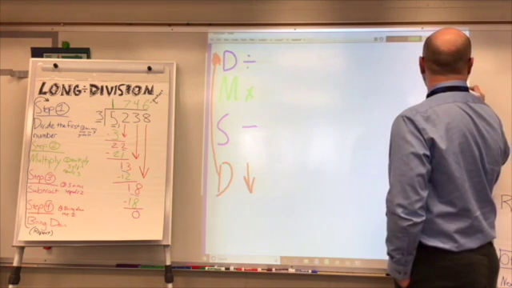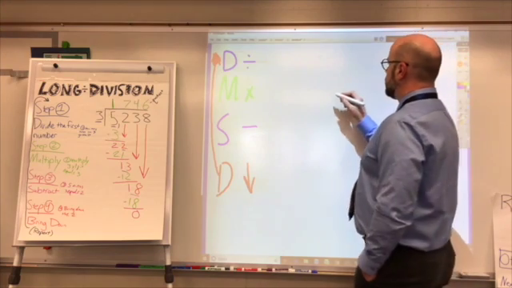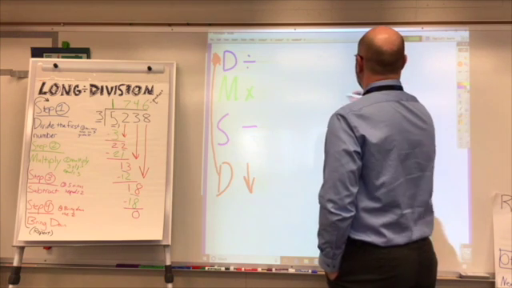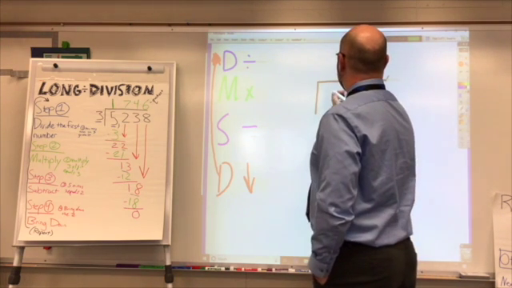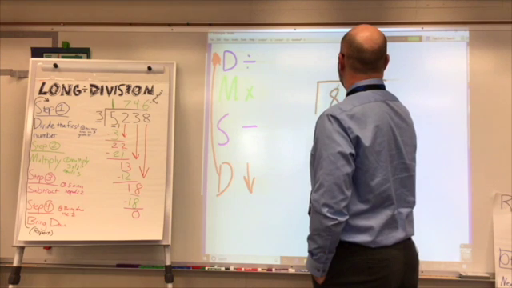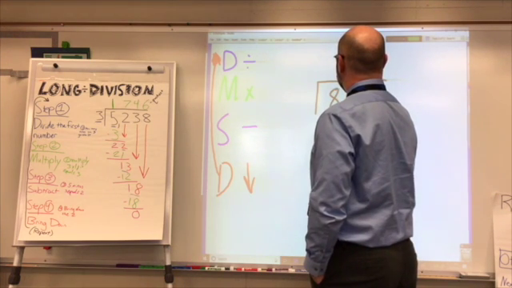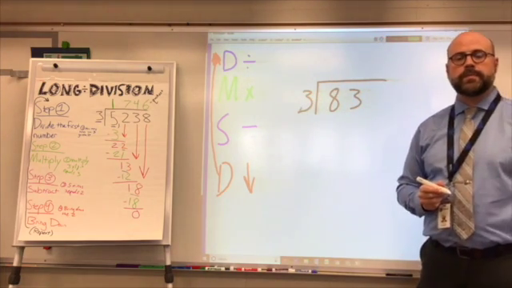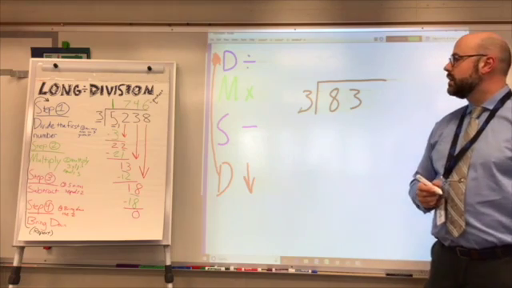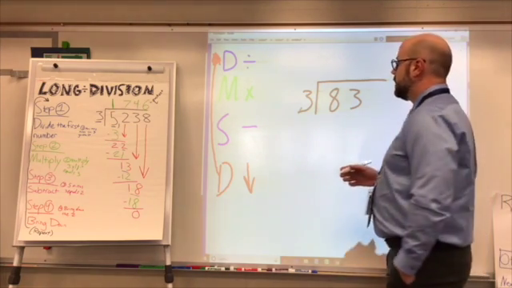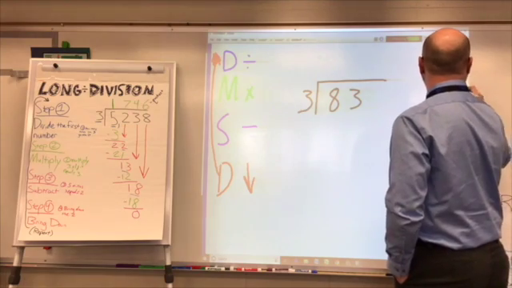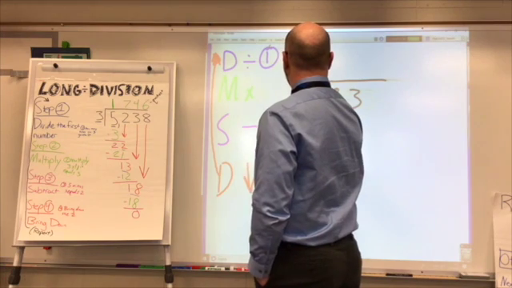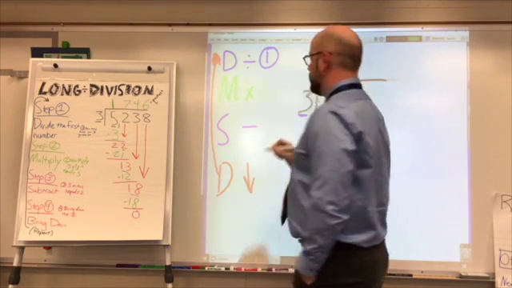So anyway, let's look at the number 83 divided by 3. Okay? 83 divided by 3. Our first step, number 1 right here, is how many times can 3 go into 8?